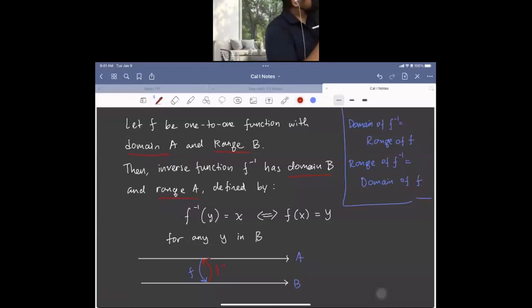One thing to remember for the inverse: when you have f with the negative one, f inverse, it's not the same as an exponent. It's not 1 over f, it's f inverse.